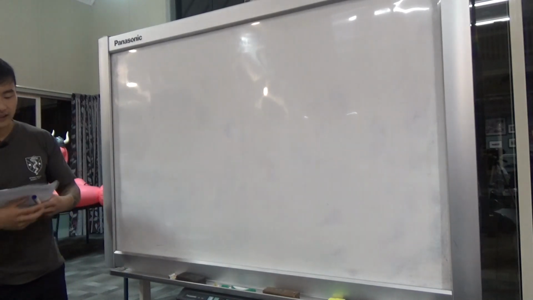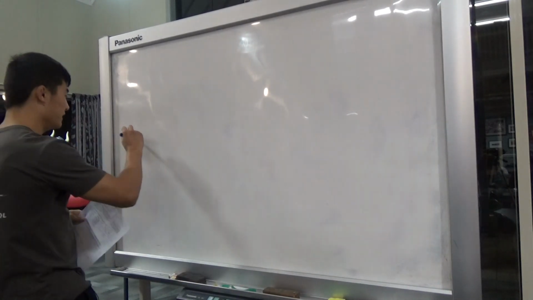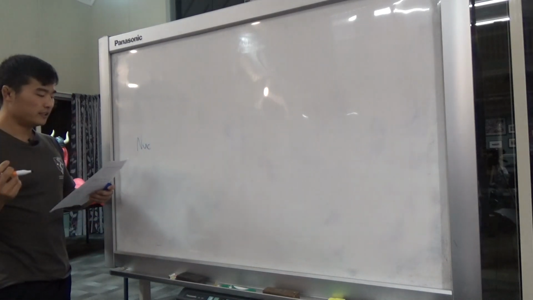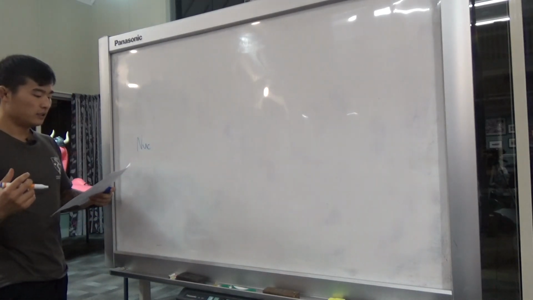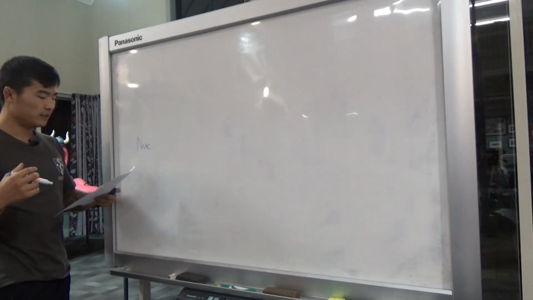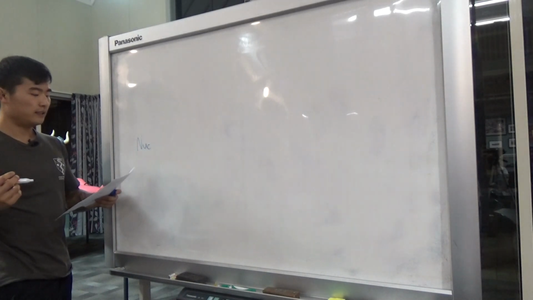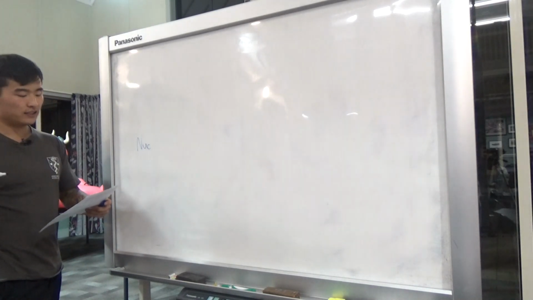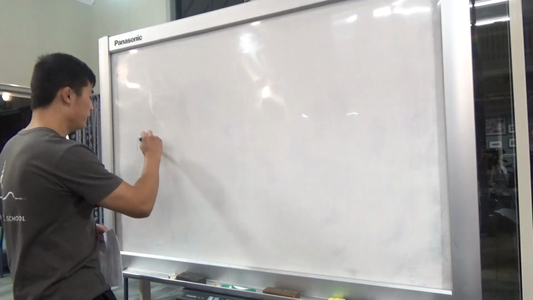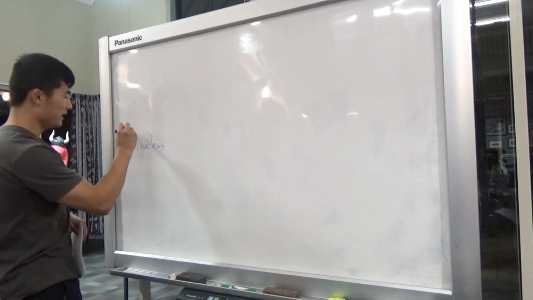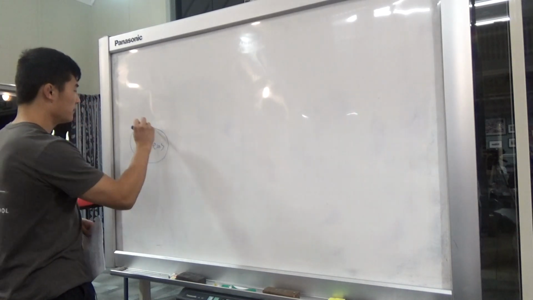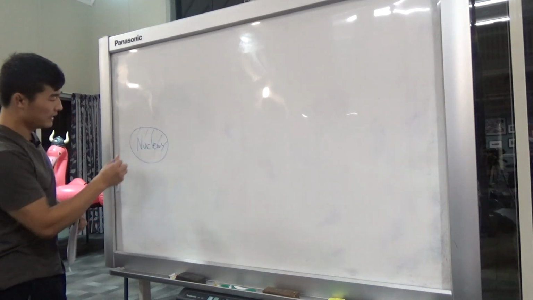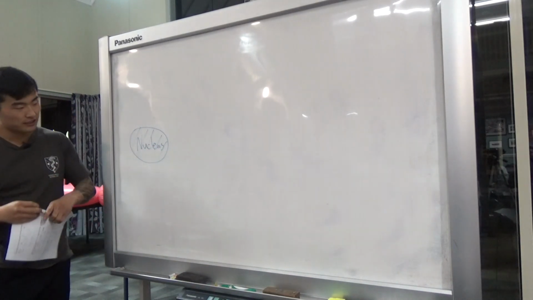Okay, so we have an electron initially in an atomic energy level. It's in the 4th orbital, so the initial n is 4. Here's our nucleus, which contains the protons and the neutrons.